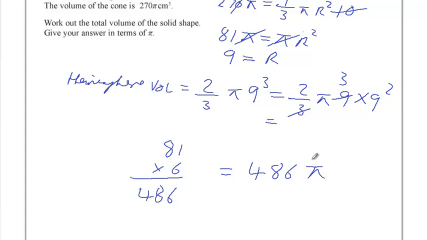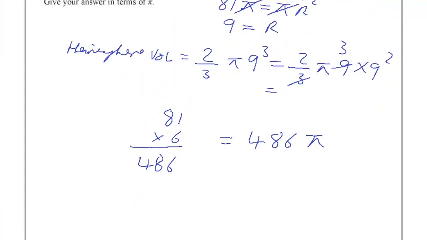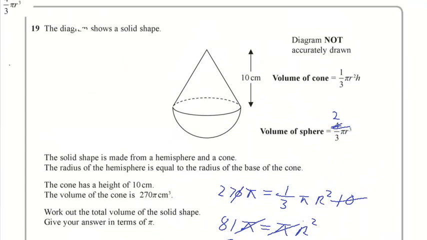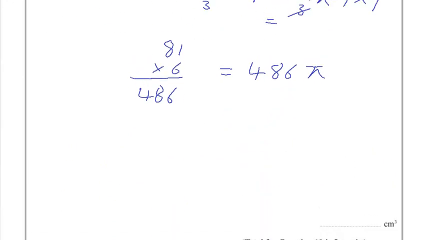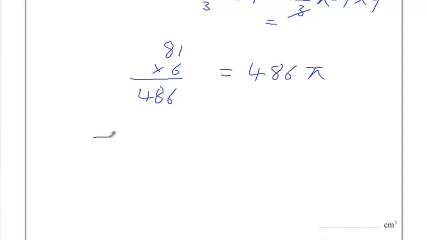So we just add that together, don't we? You have to add it to the volume of the cone. The volume of the cone was 270. So total volume equals 486 plus 270.